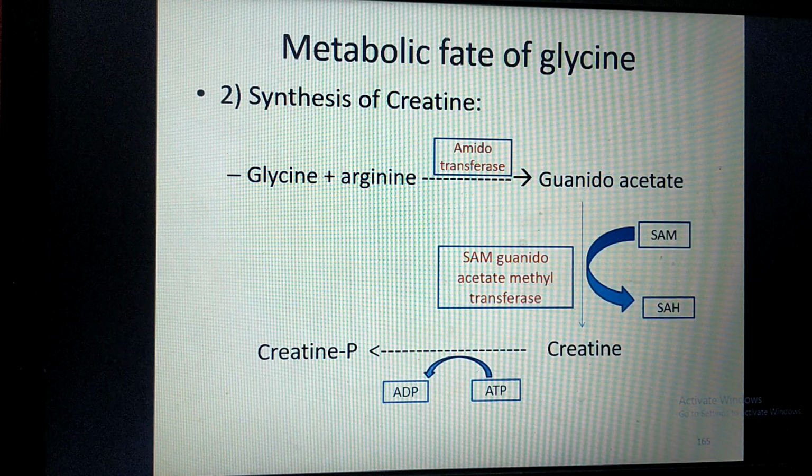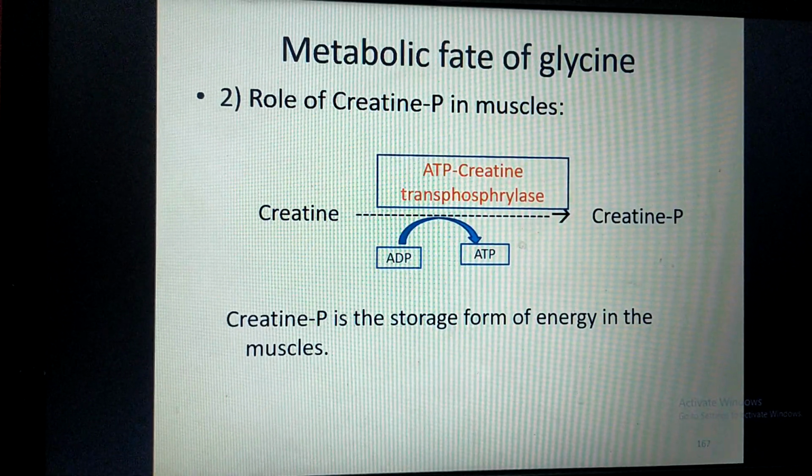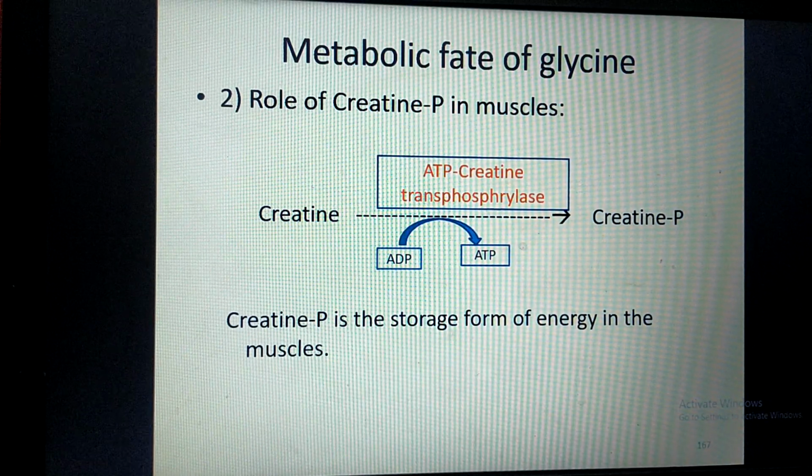After donating this phosphate group, creatine is converted into creatinine and excreted into the urine. So I have already explained the role. The formation of creatine phosphate from creatine is a reversible reaction. During exercise, creatine phosphate is converted to creatine, and that creatine is later on converted to creatinine.